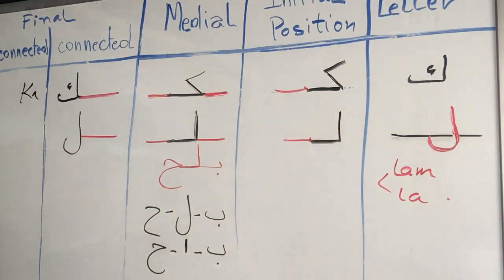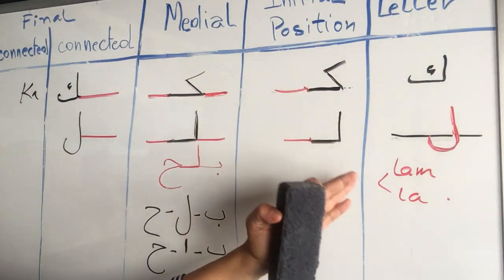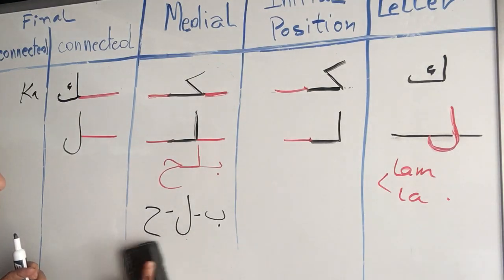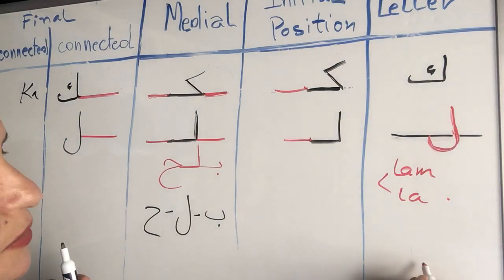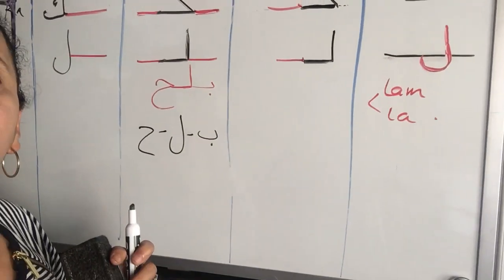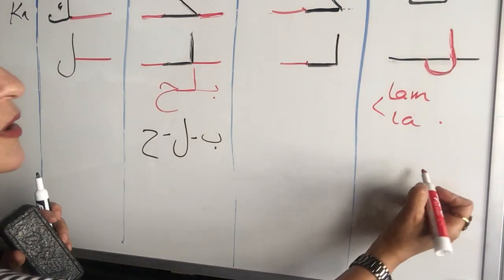So ka, la, ka, kaf, lam, or ka, la, what comes after? Can you tell me? Ma, or mim. Mim, I told you you're going to see this in another video.